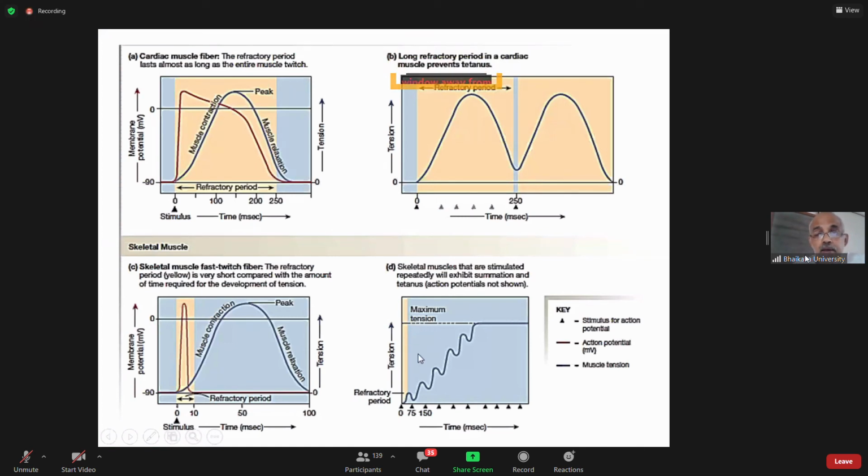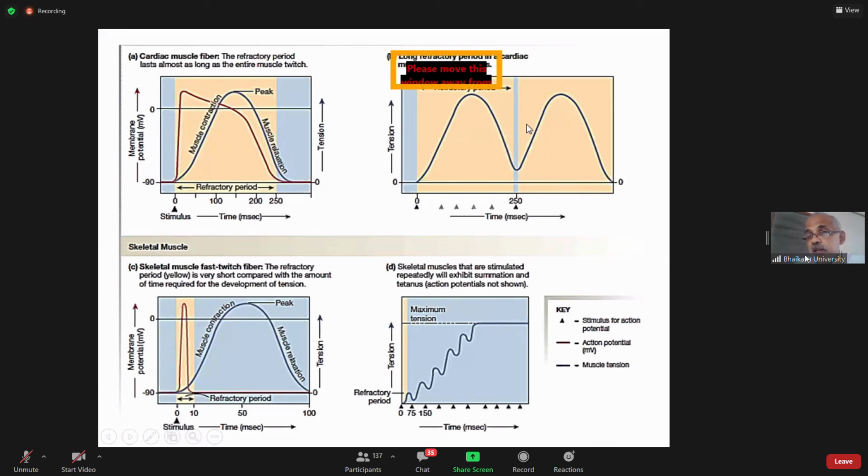Unlike that, in cardiac muscle, you cannot have a second action potential till the end of the absolute refractory period. So you will have action potentials only after the end of the absolute refractory period. The result is tetany of cardiac muscle is impossible.